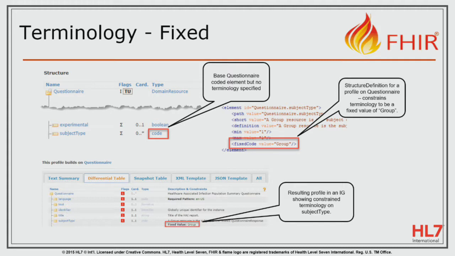Correct. So even if you wanted to, you couldn't. Right, but this is a code type, a data type that only allows a code. It's like a coded simple in CDA. It's a string. And I think for this one, subject type, the base structure Questionnaire has a value set that you have to use anyway, so we're just fixing it to one of those values.